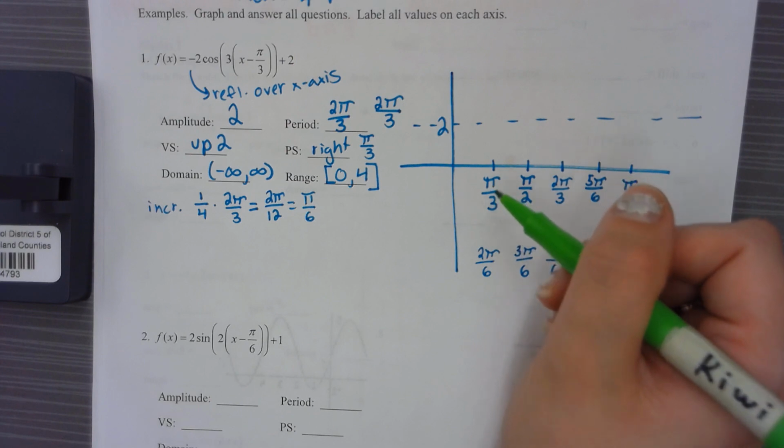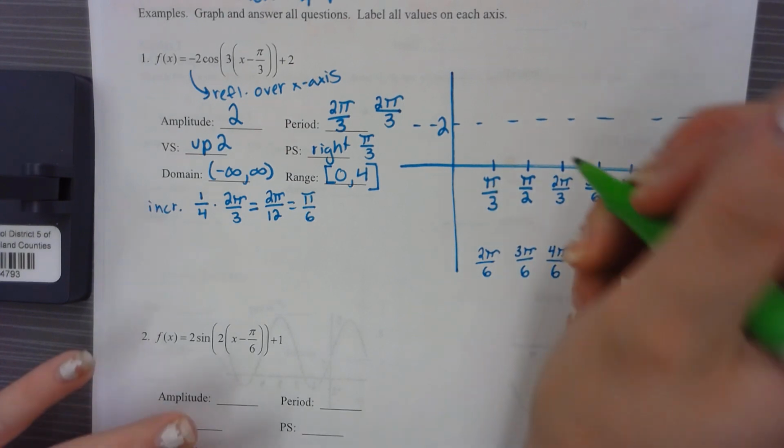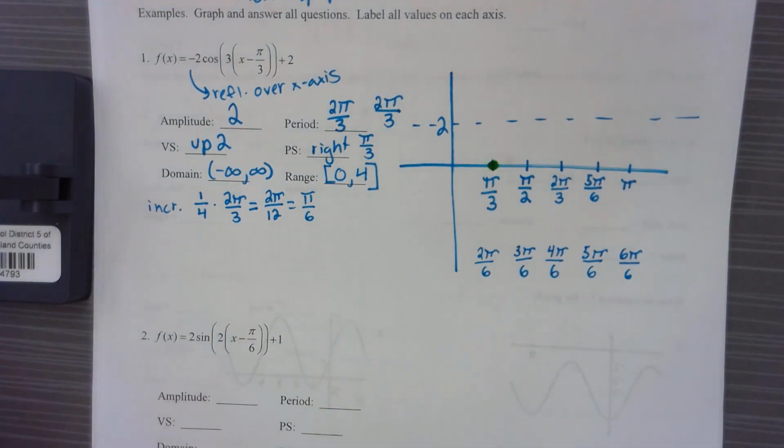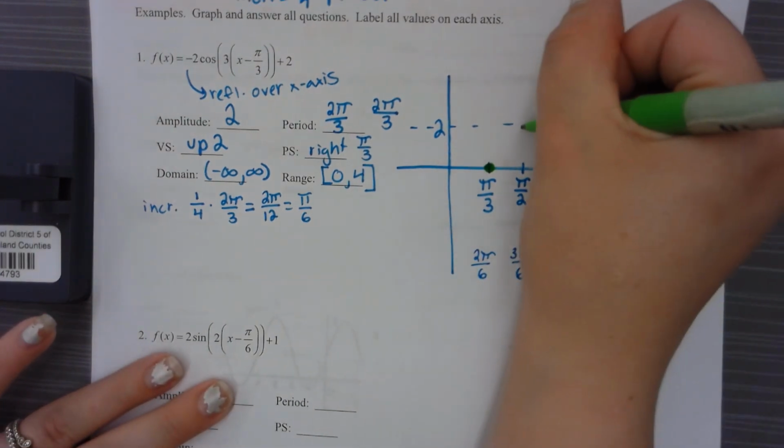And then it shifts up 2, so where is it going to be at? 0. Okay, so next cosine would be at 0, right? Is the reflection going to affect that? No, so it's going to shift up 2. So it's just going to be here.